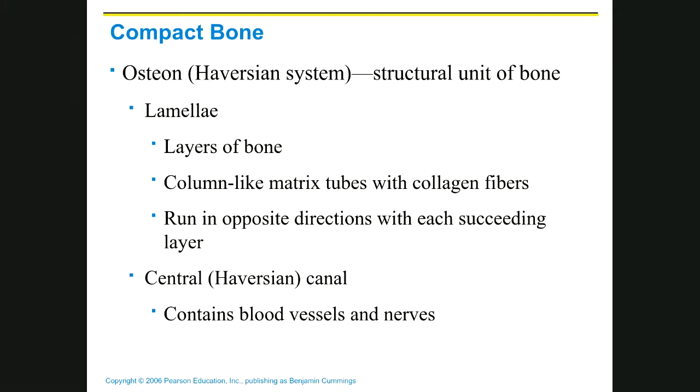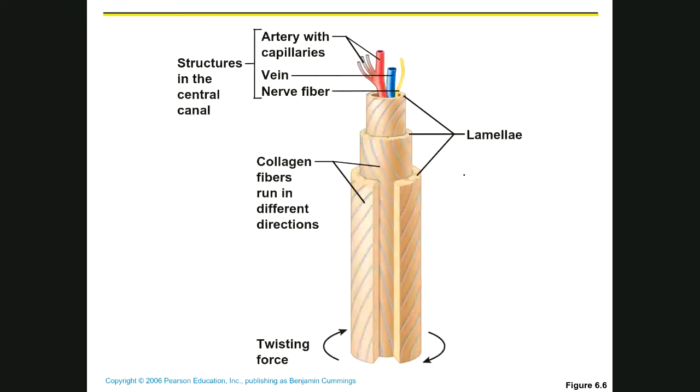The layers are called lamellae. So they're layers of bone, and what it is is collagen, and then it has minerals on it. So remember, the collagen makes it flexible, the minerals make it stiff and rigid. Well, look at the direction these collagen fibers run. These are running like this. But the next layer, they're running like this. And the next layer, they're running like this.